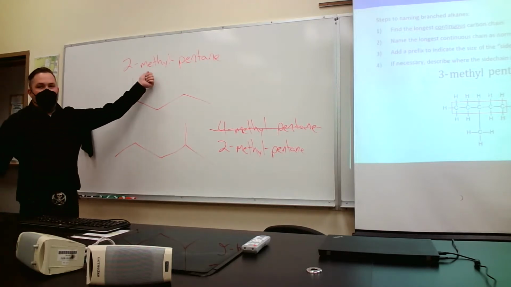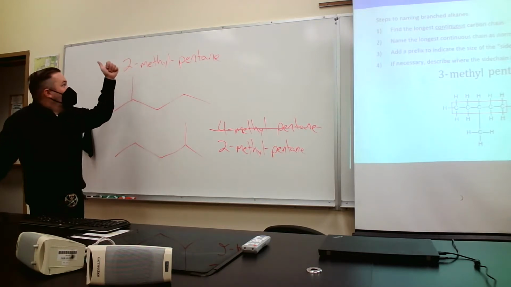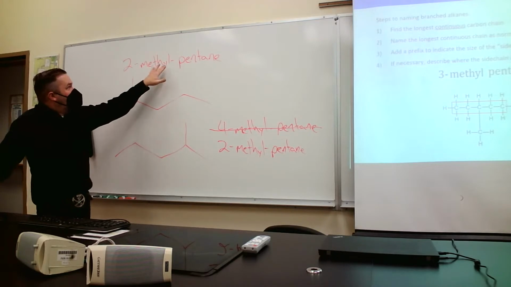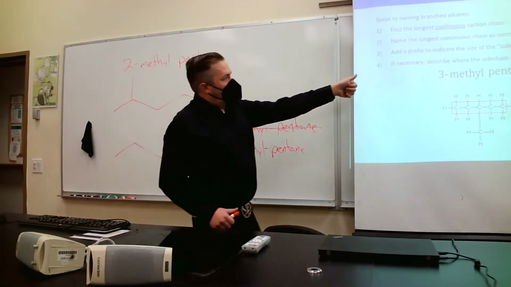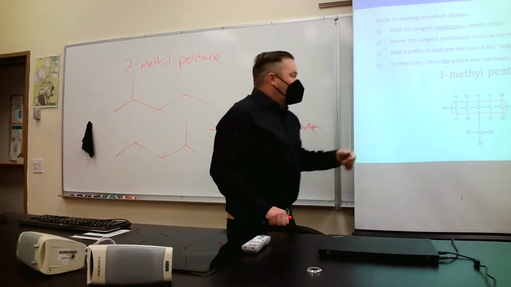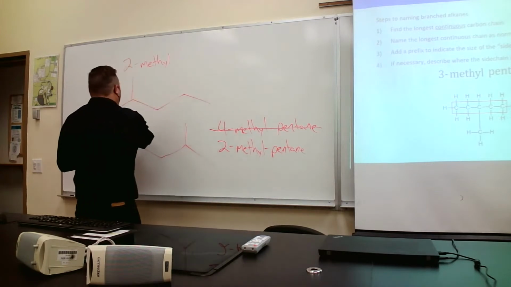So we call this the IUPAC name because it's the one that everybody can agree on is the best way to name things. The IUPAC name actually doesn't have a hyphen here. It has a hyphen between the number and the prefix, but then it just slams these together. It doesn't even put a space.